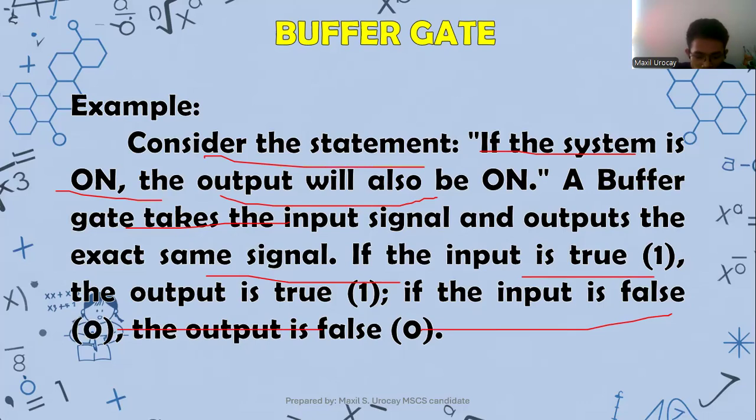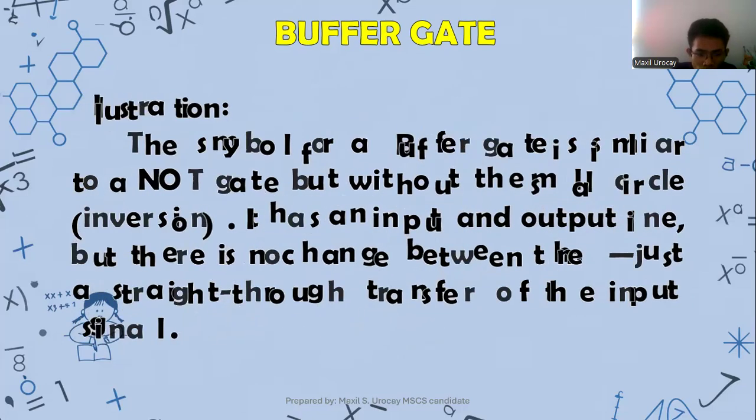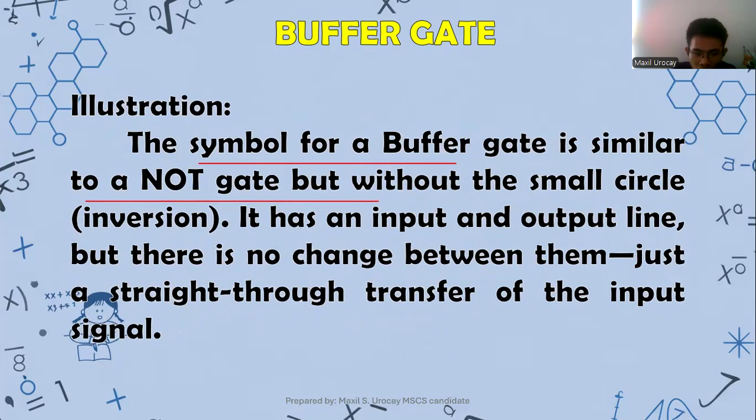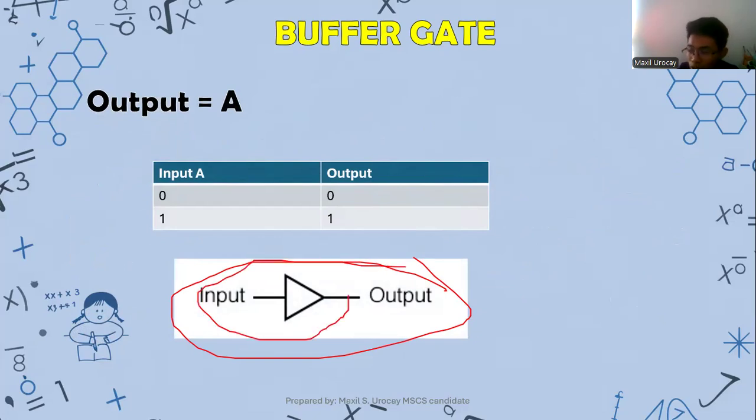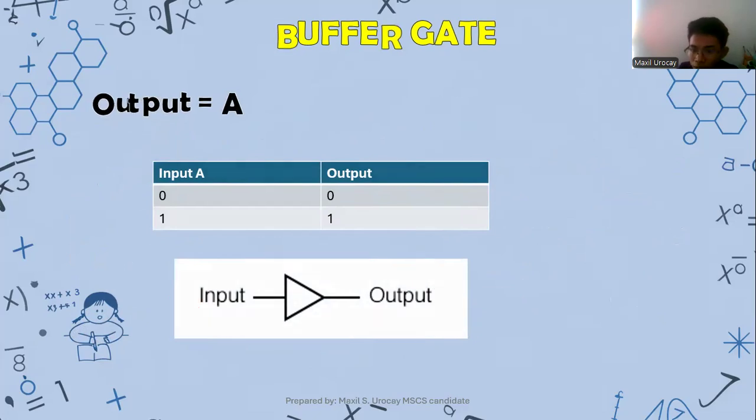If the input is false, it will still be false. The simple buffer gate is similar to the NOT gate but without the small circle. It has an input and output line, but there is no change between them, just a straight-through transfer of the input signal. Meaning to say, class, it is like this. But of course, we're not definitely working with that, because that is too redundant already.